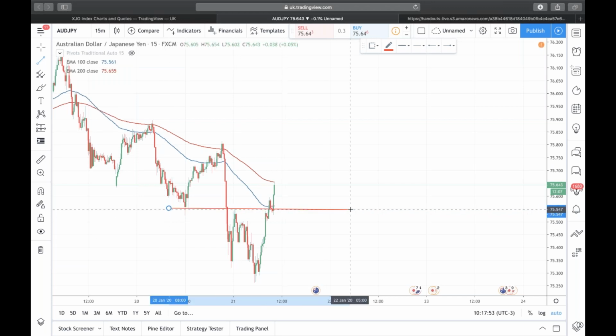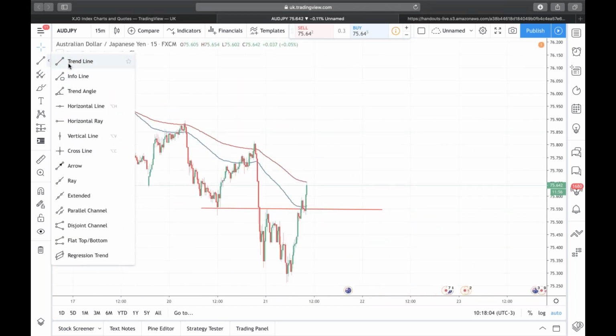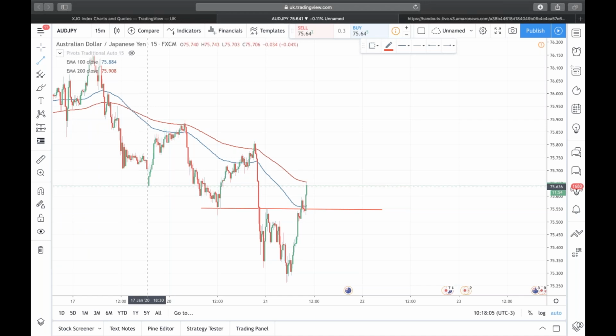We would have potentially looked at shorts here at the 75.55, and also for shorts at the 75.70 level.